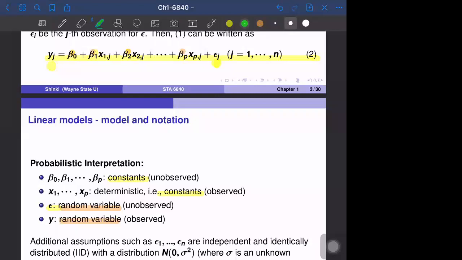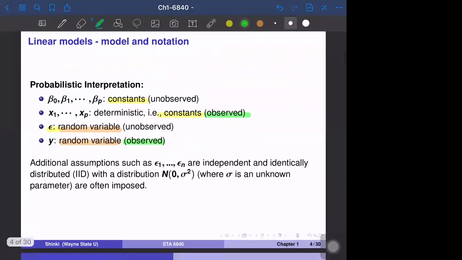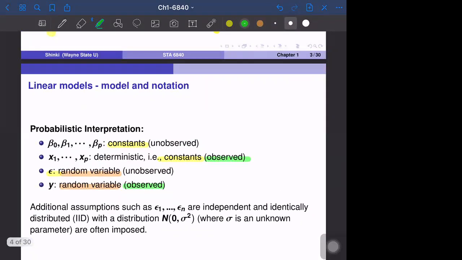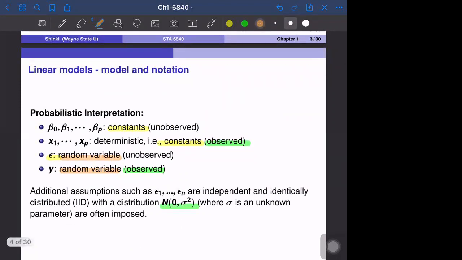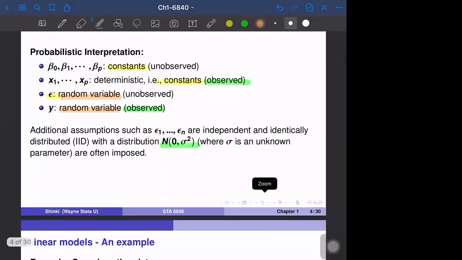So that means only x and y are observed and others are not observed. And often we have an additional assumption on epsilon, such as epsilon has distribution normal 0 sigma square. Here sigma is the standard deviation of epsilon, and which is unknown. So this is the basic structure of multiple linear regression.